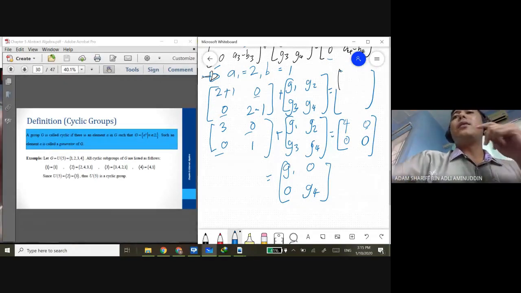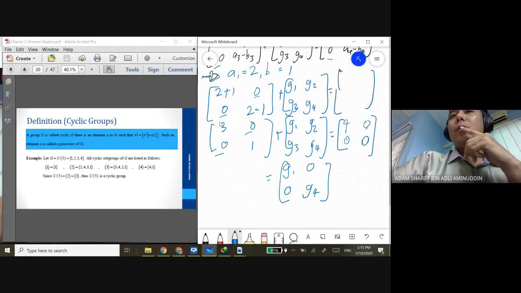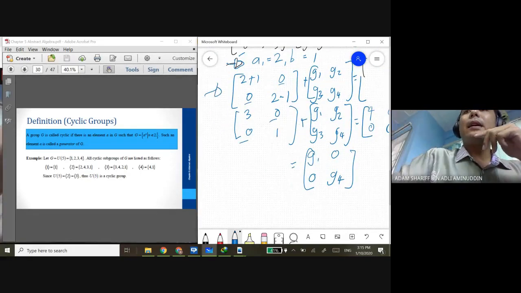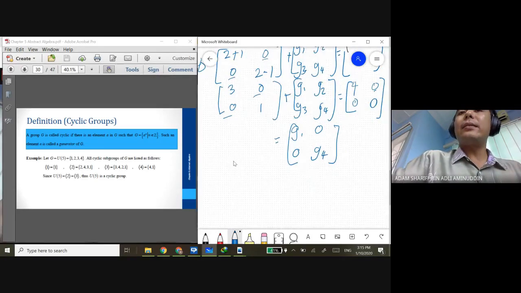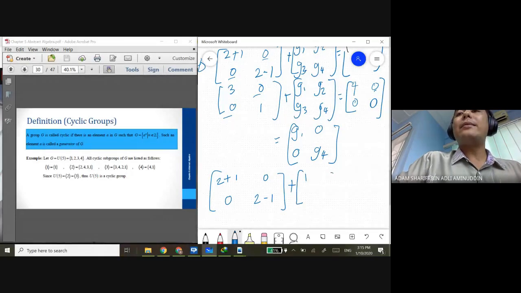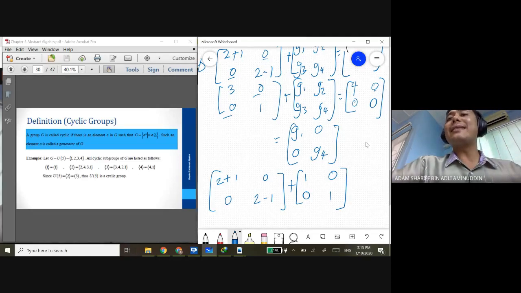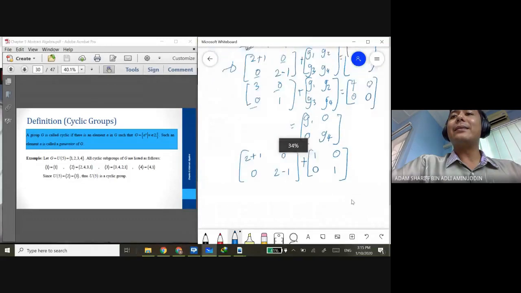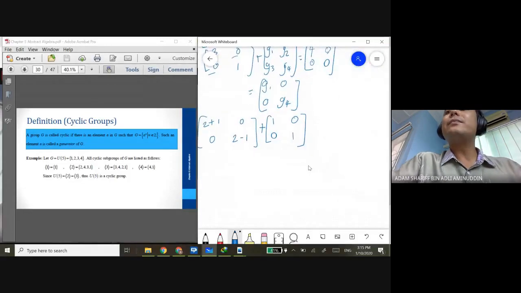Okay. Right now, I go back to this part. Assume 2 plus 1, 0, 0, 2 minus 1, I plus 1, 0, 0, 1. I assume that this is a generator. How will my answer be? Tengok.